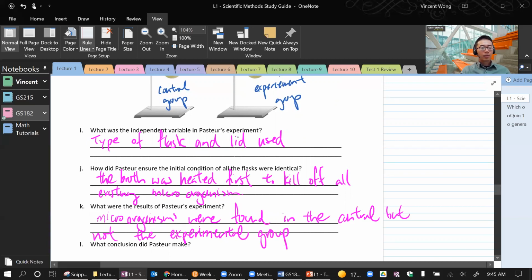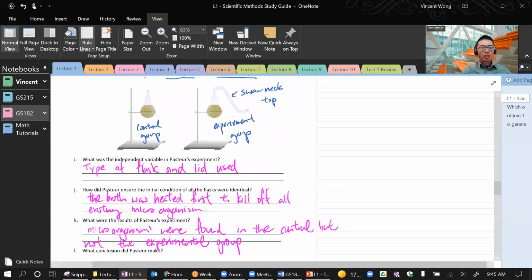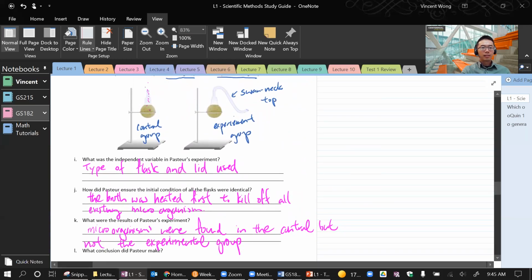So as we now know, the microorganisms can still fall in if it's open top, but if it's swan neck, they will be able to get in here, but they don't really climb, right? So they cannot go up here, and the broth will remain sterile.